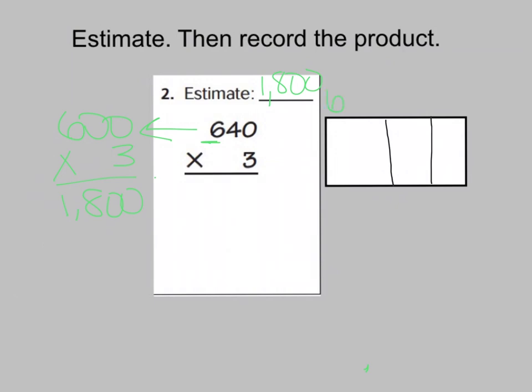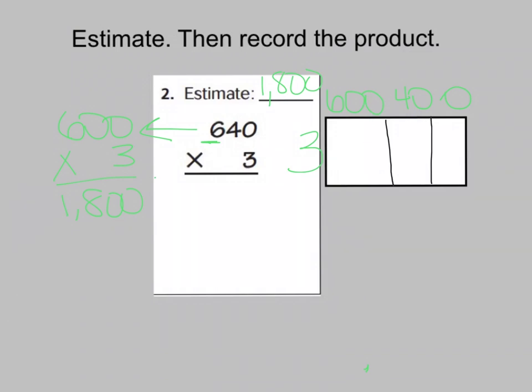So I have 600, 40, and 0. And because I'm multiplying by 3, I'm going to put my 3 out to the left.